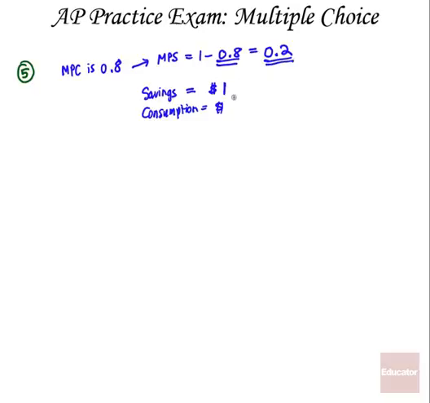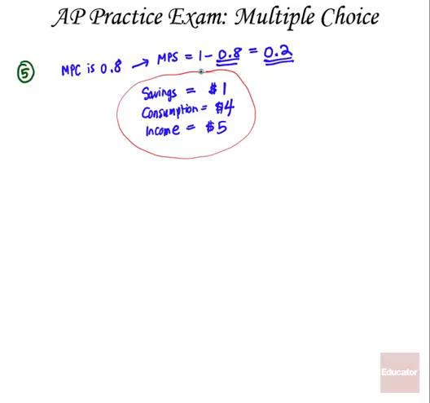So $1 of savings equals $4 worth of consumption, and so the income would be $5. This is the ratio you're looking for here, and if that's true, then that's the correct answer choice.